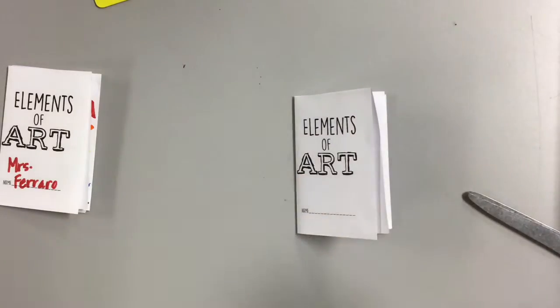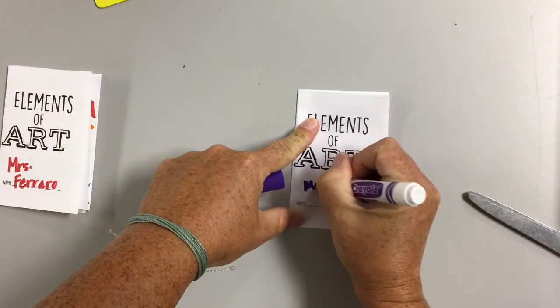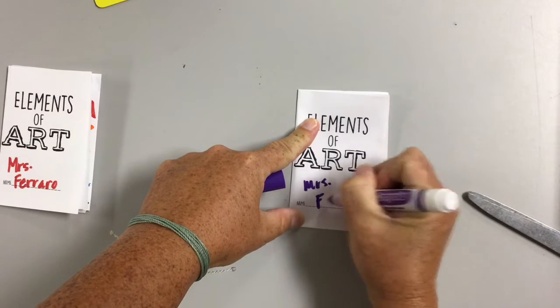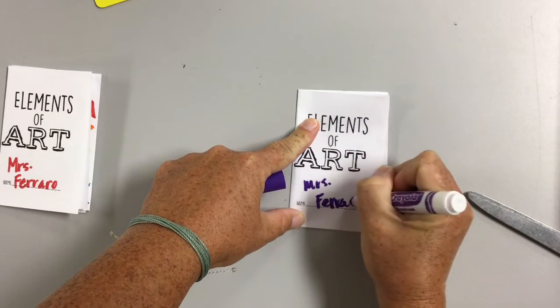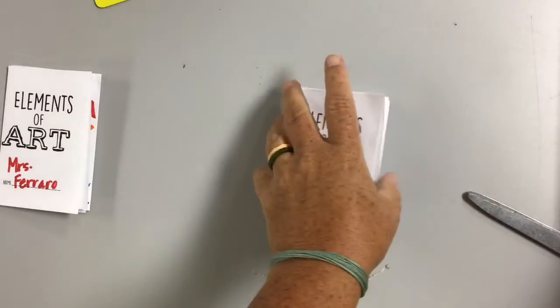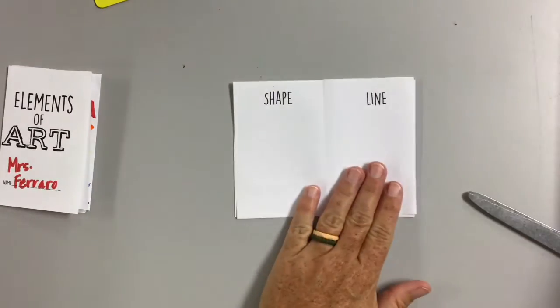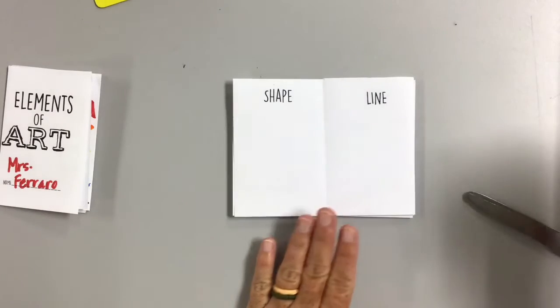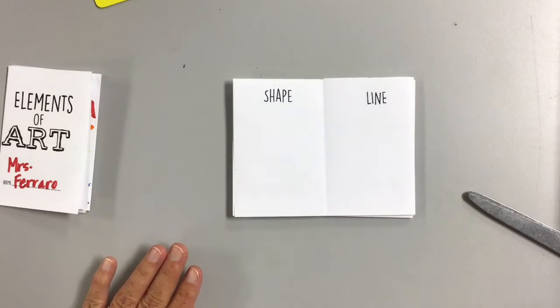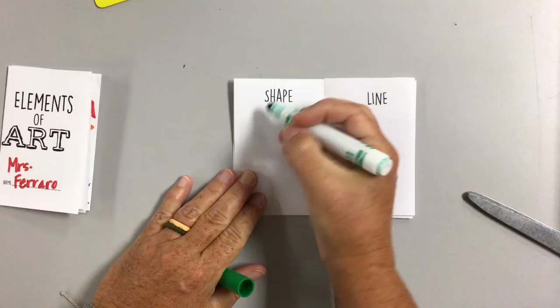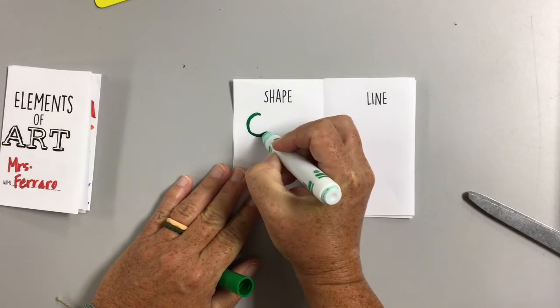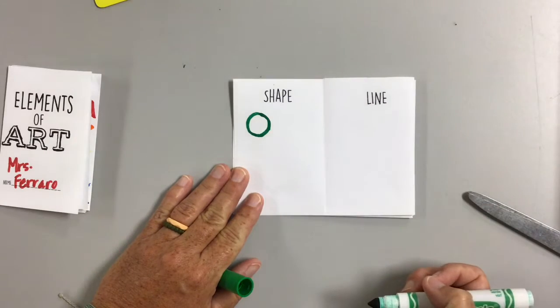So the first thing we'll do is make sure we put our name on it. And then shape. Shapes are anything that is a closed area. So as long as the area is closed, so we just go around, and when I close it, I created a circle.